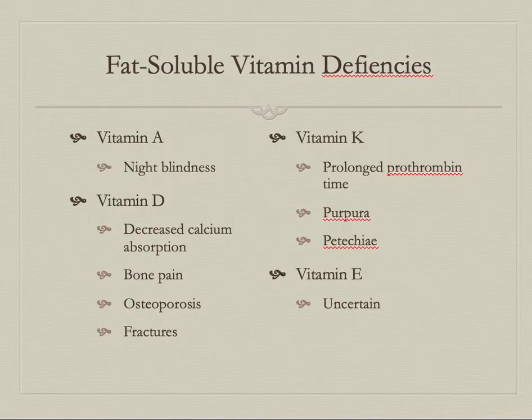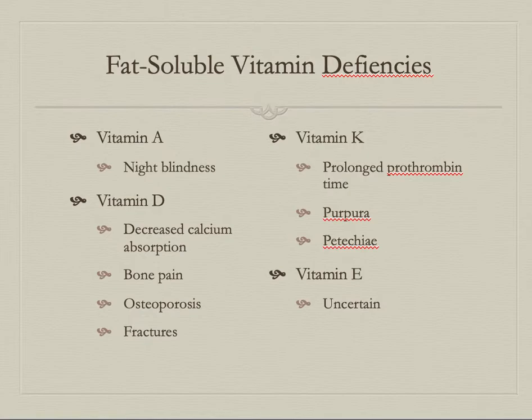I just want to point out that vitamin D, if you don't have vitamin D, then you can't absorb calcium. And if you can't absorb calcium, then your parathyroid gland will leach it out of your bones. If you don't absorb vitamin K, lack of vitamin K causes you to bleed. This is not real hemophilia. Somebody was asking about this. This isn't really hemophilia, although I guess technically it could be.